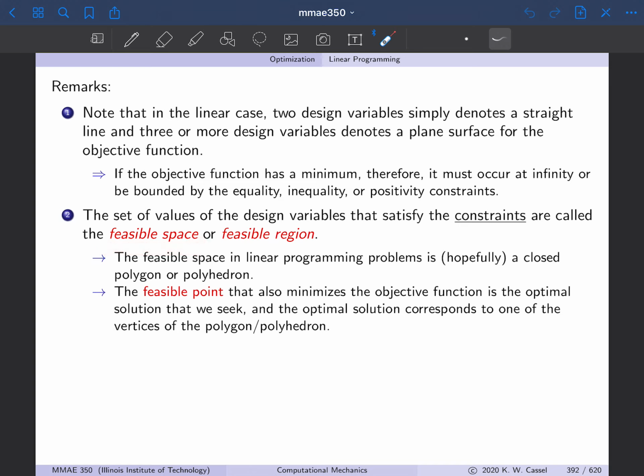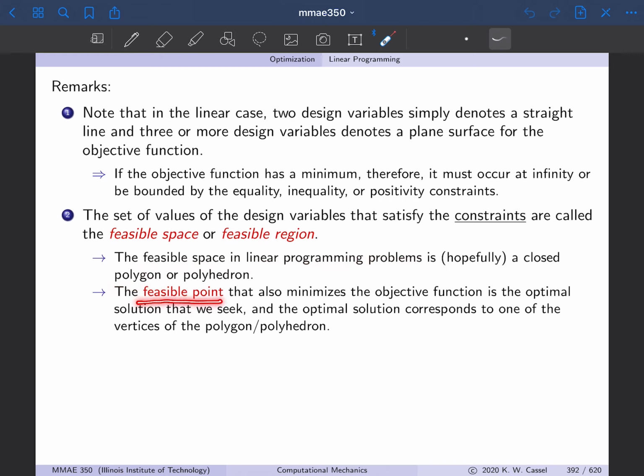We'll go through an example and show what that means. The feasible space in linear programming problems is hopefully a closed polygon or polyhedron. So it's a closed shape. There are no gaps where the minimum could run out all the way to negative infinity. And so it's closed and it's in the shape of a polygon, so it has straight sides, any number of straight sides.